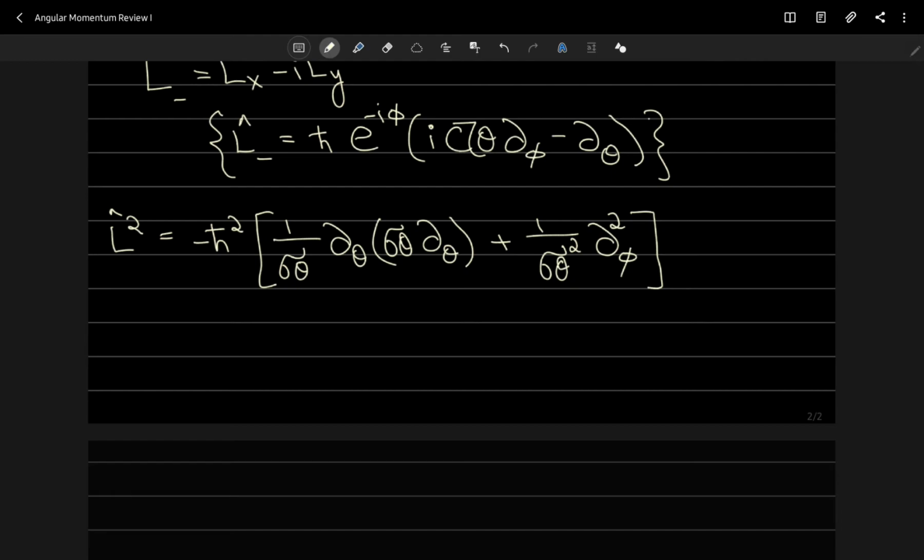Okay, and this is then your L squared operator in spherical polars.